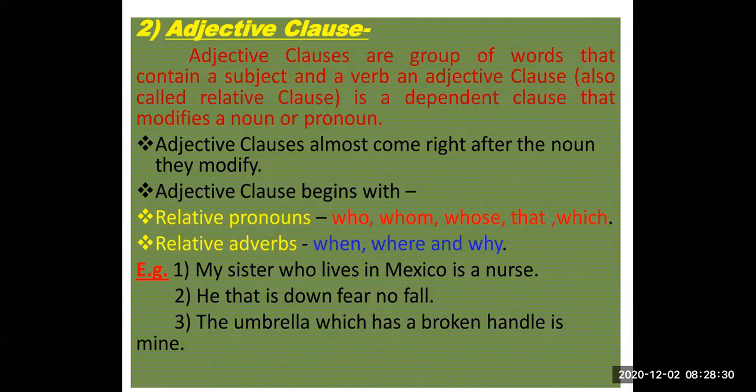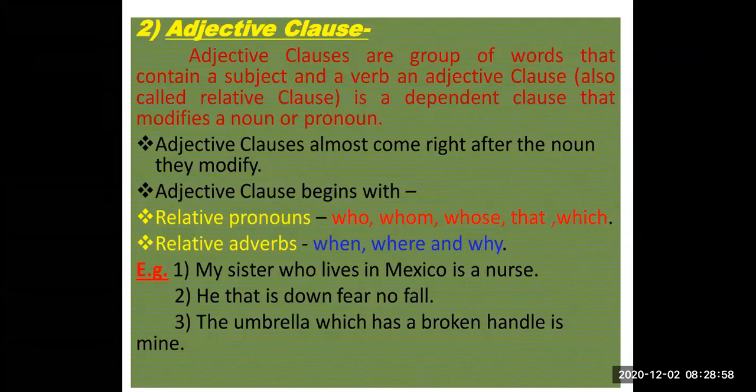The second point is, an adjective clause, also called a relative clause, is a dependent clause that modifies a noun or pronoun. That modifies means that it describes a noun or pronoun. The adjective clause almost always comes right after the noun it modifies.